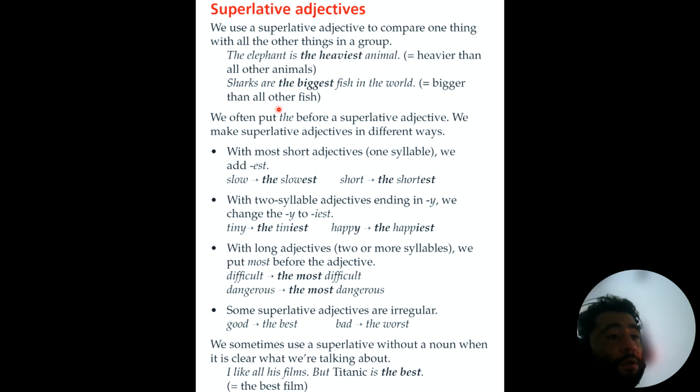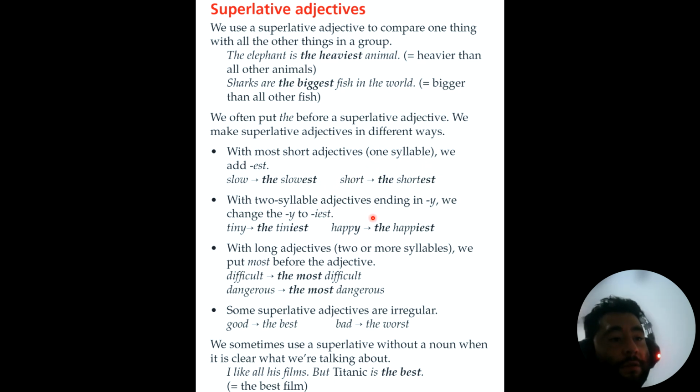Remember that when we create superlatives, we need to use the article the before the superlative, and we need the ending, depending on if we have one syllable or two or more syllable adjectives. In the case of short adjectives with one syllable, we need est at the end. So slow becomes the slowest, short, the shortest.